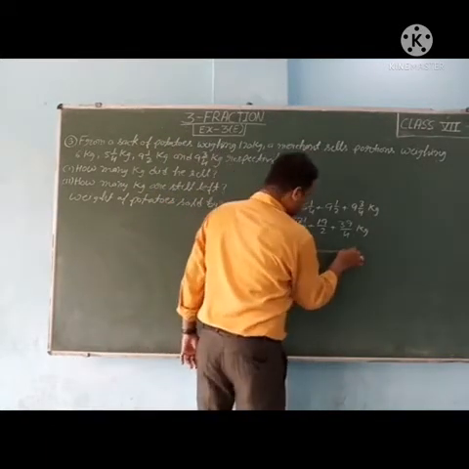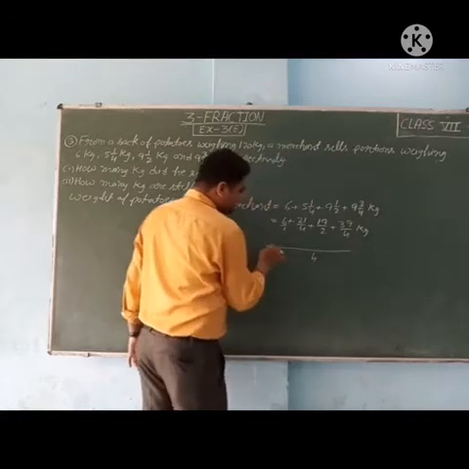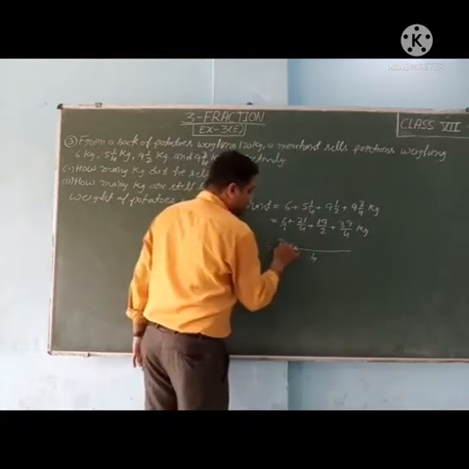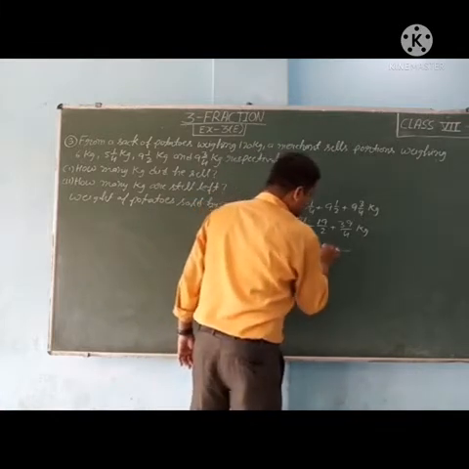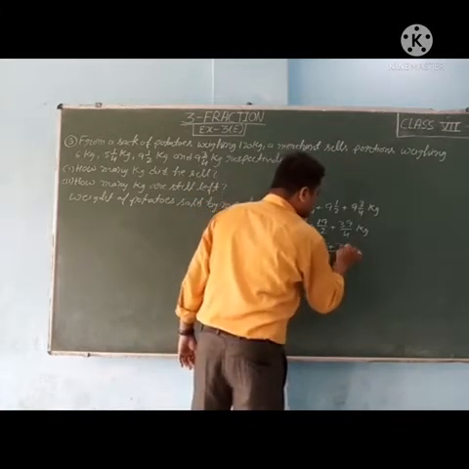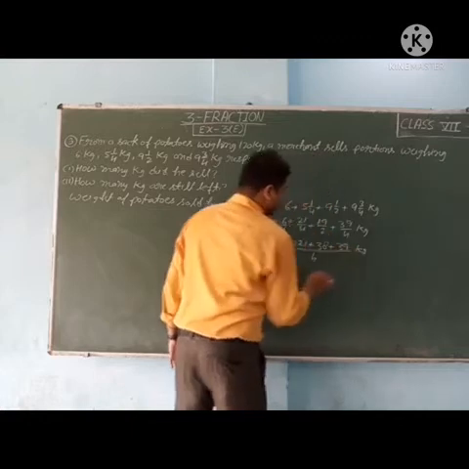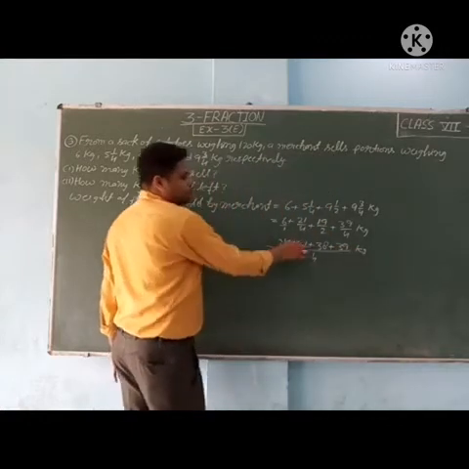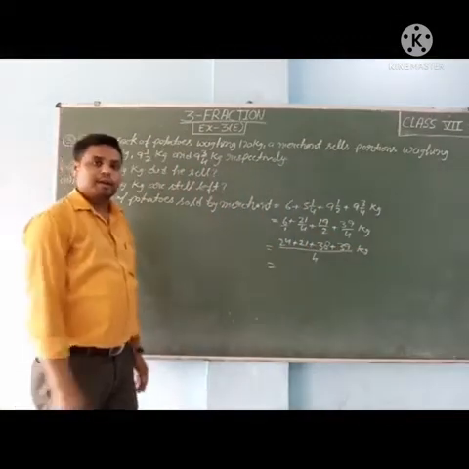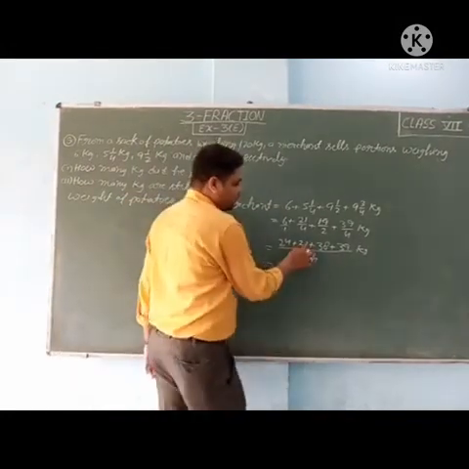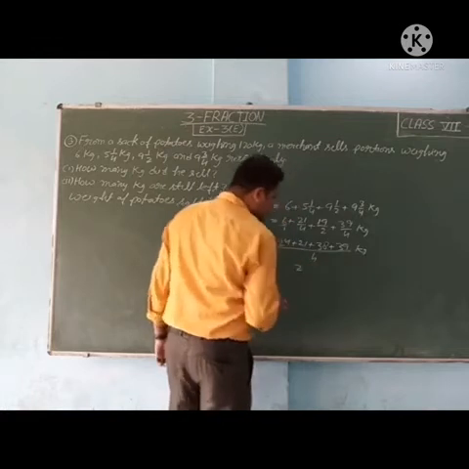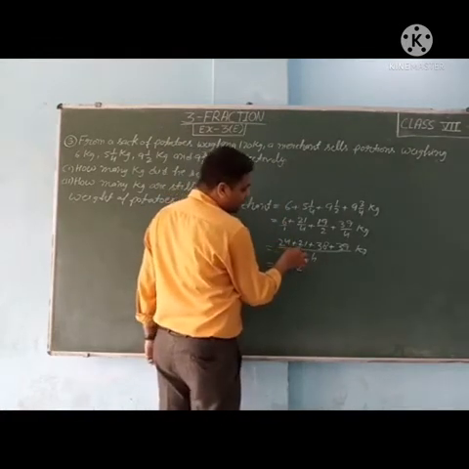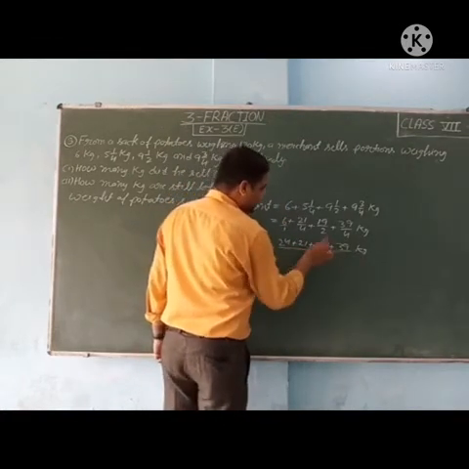LCM will come 4. 1 4 is 24 plus 21 plus 38 plus 39 kg. So now we will add these 24, 21, 38 and 39. 4 1 5, 5 plus 8 13, 13 plus 9 22, carry 2, 4 to 6, 7 8 9 and 11 12.